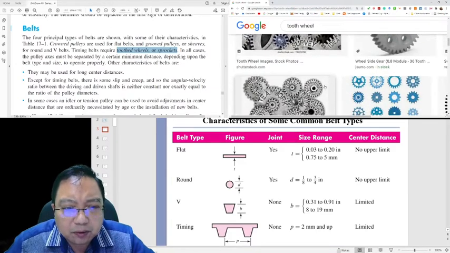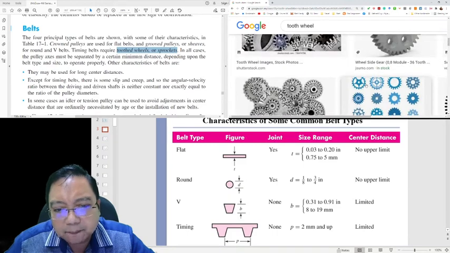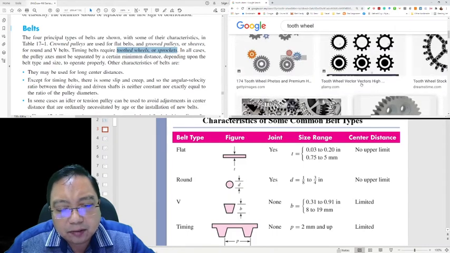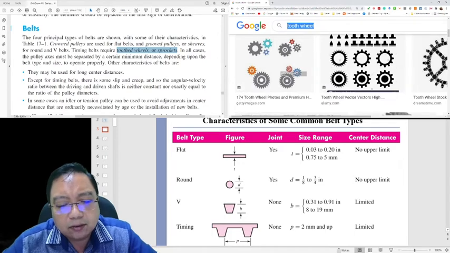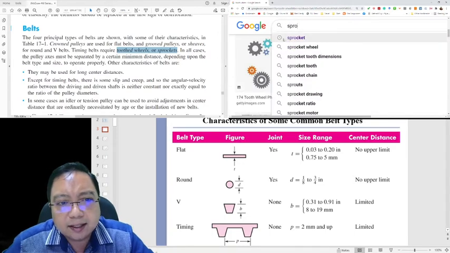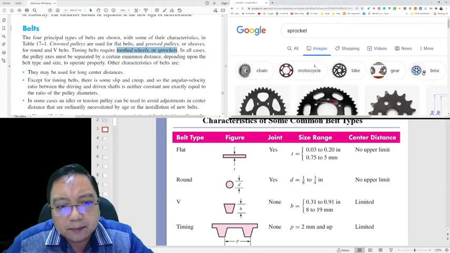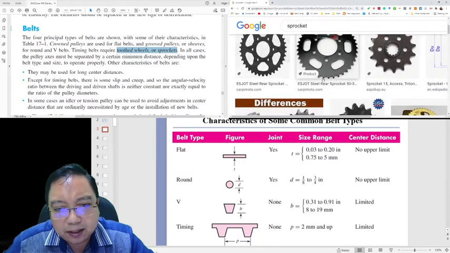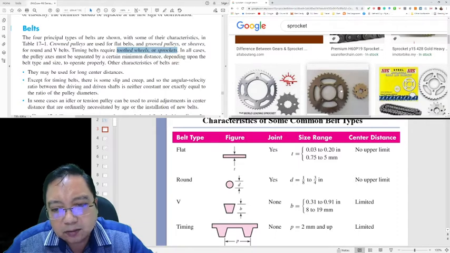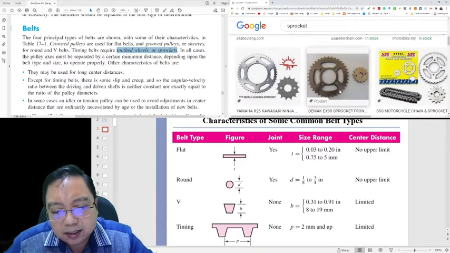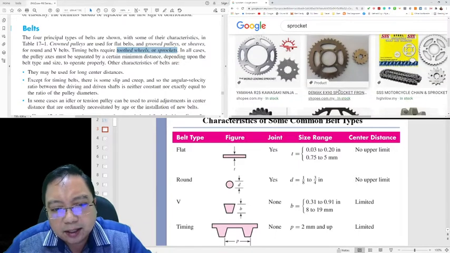You are familiar with this kind of gearing. We have the tooth wheel, or as you better know it, the sprocket. I'm sure you are familiar with it. It is in your bicycle, in your motorcycle, and also in your car.